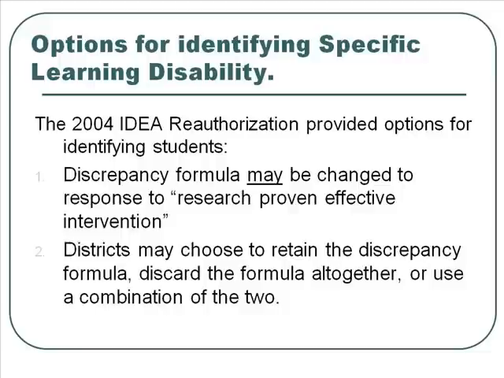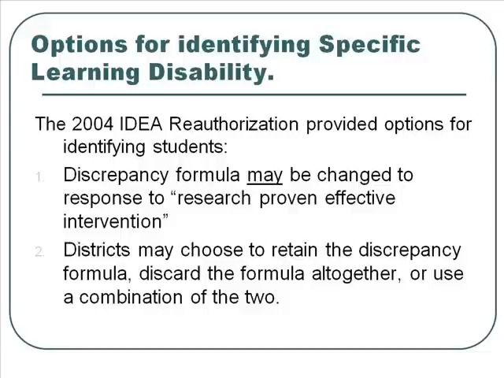In 2004, IDEA was reauthorized and provided options for identifying students. The discrepancy formula may be changed to response to research-proven effective intervention, which has been shortened to response to intervention.